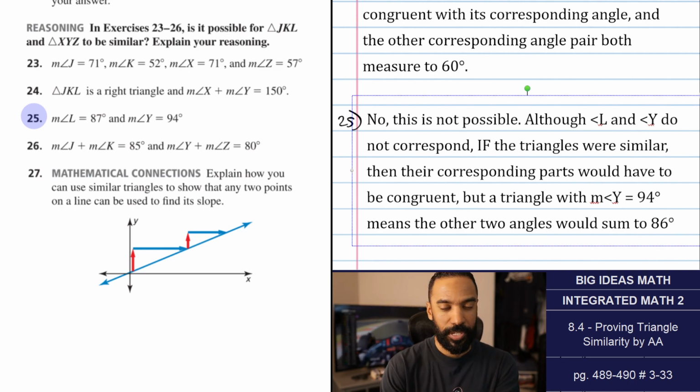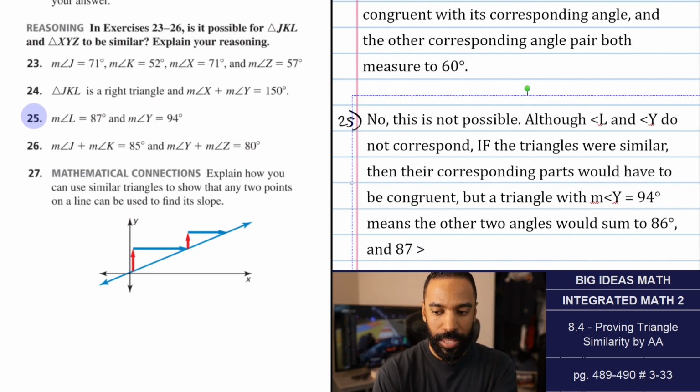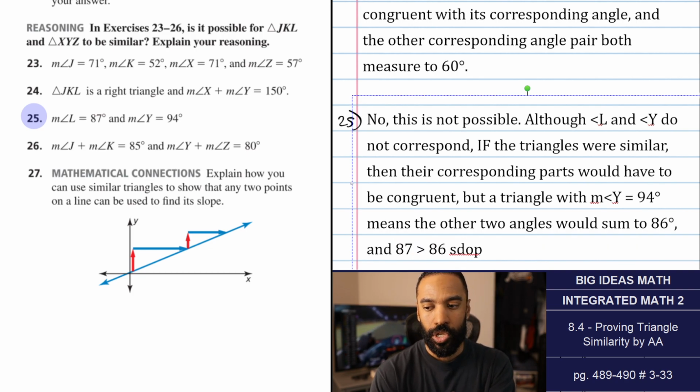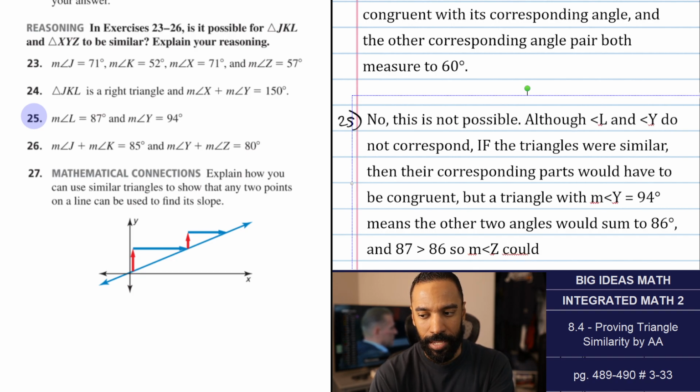This is because 94 plus 86 is 180. And 87 is more than 86. So the third angle, or angle L's corresponding part, JKL, Y, XYZ, so measure of angle Z could not be 87 degrees.